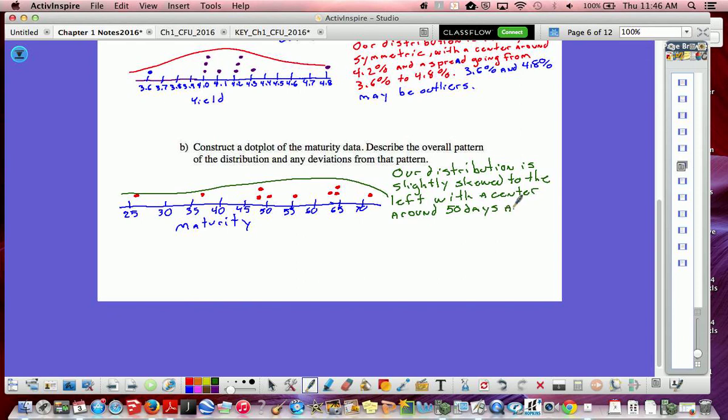And a spread going from, so my low was what, 26? 26 days to 71 days.